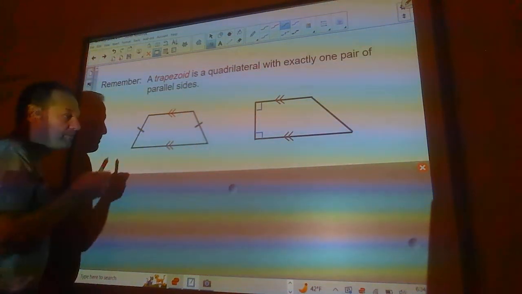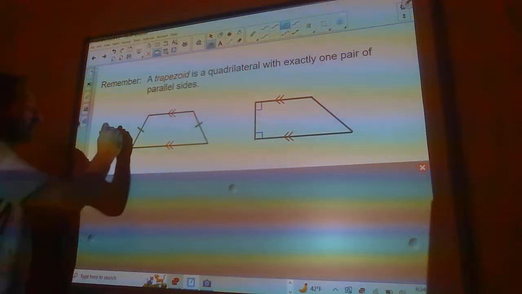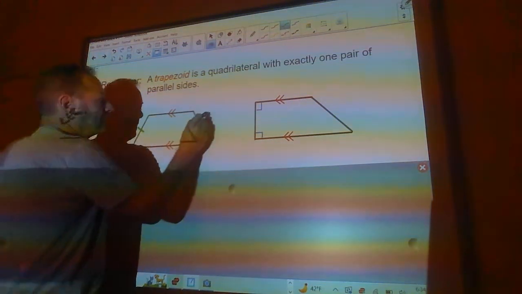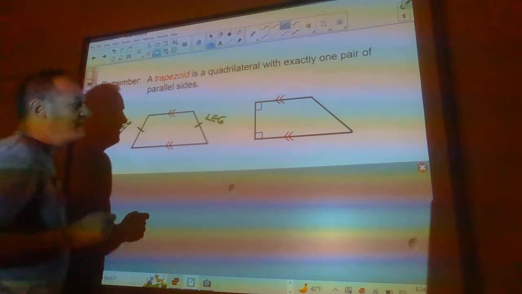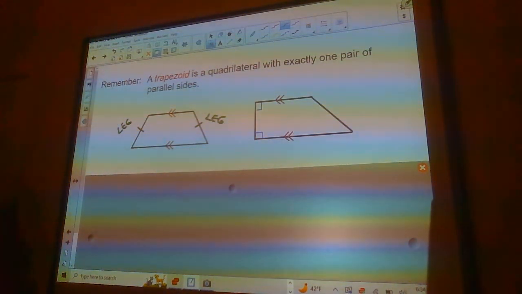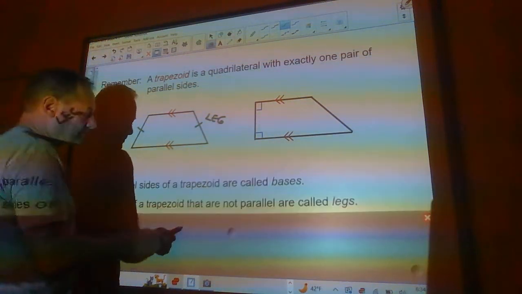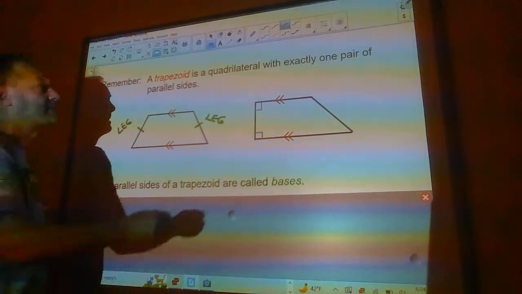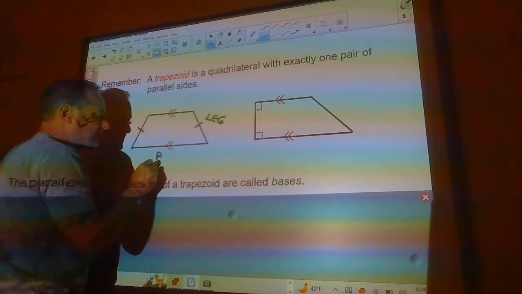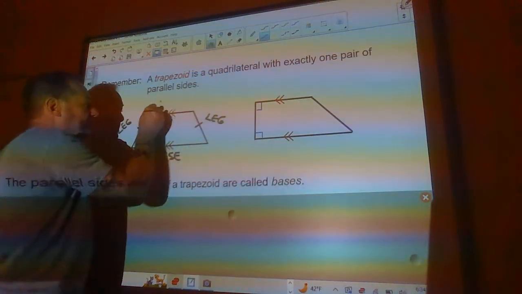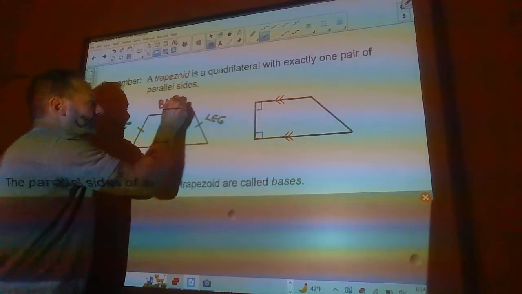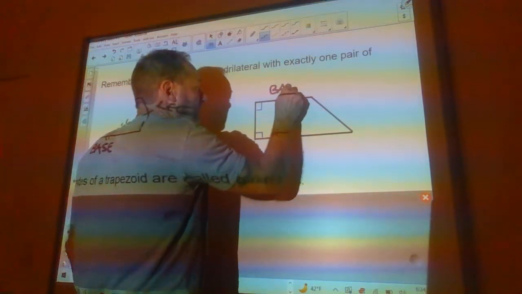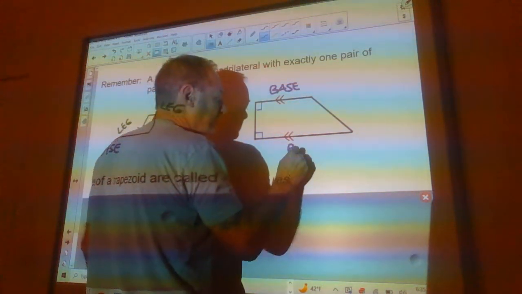The two non-parallel sides are the legs. So this would be a leg, and this would be a leg. The parallel sides of a trapezoid are called the bases. So this would be a base. This is also a base.